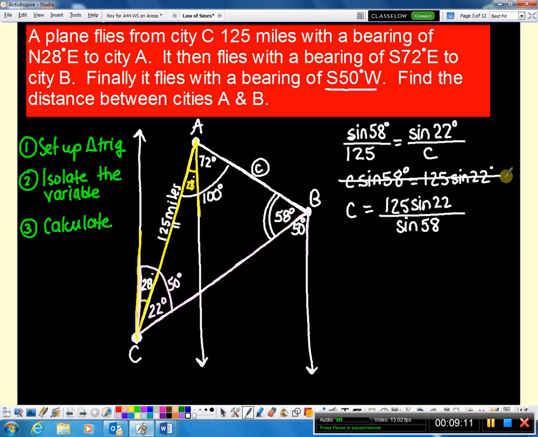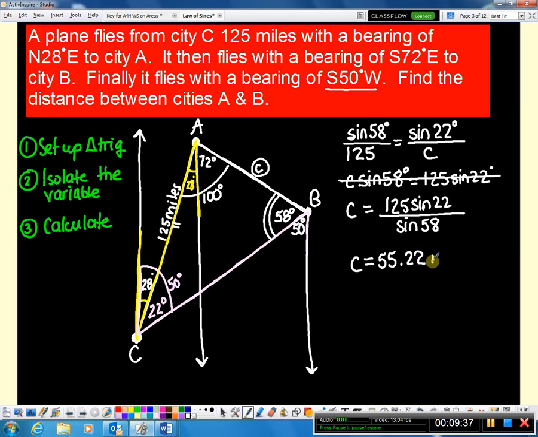And I am now going to simply punch in 125 times the sine of 22 divided by the sine of 58. And I'm getting that side little c then should be 55.22 if I round to 2 decimal places, miles.